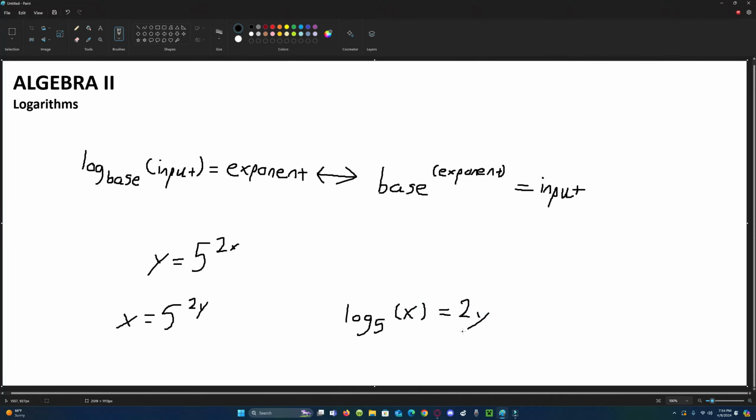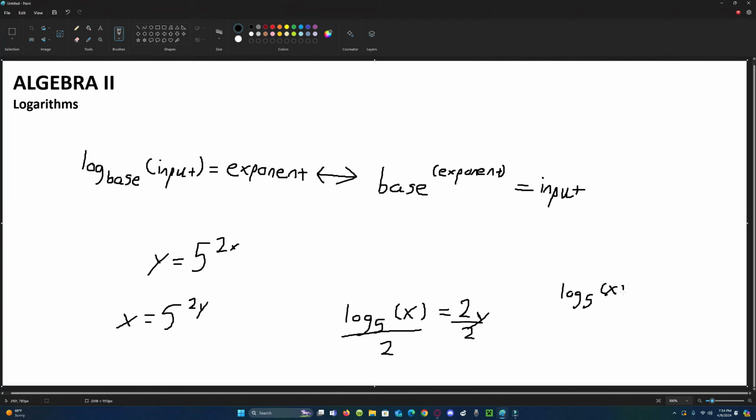But we're not done yet. We still have to isolate y. That's just done by dividing 2 on both sides. It just looks like this. Log of 5 to the x divided by 2 is equal to y. So that's how you make inverse equations with logarithms.